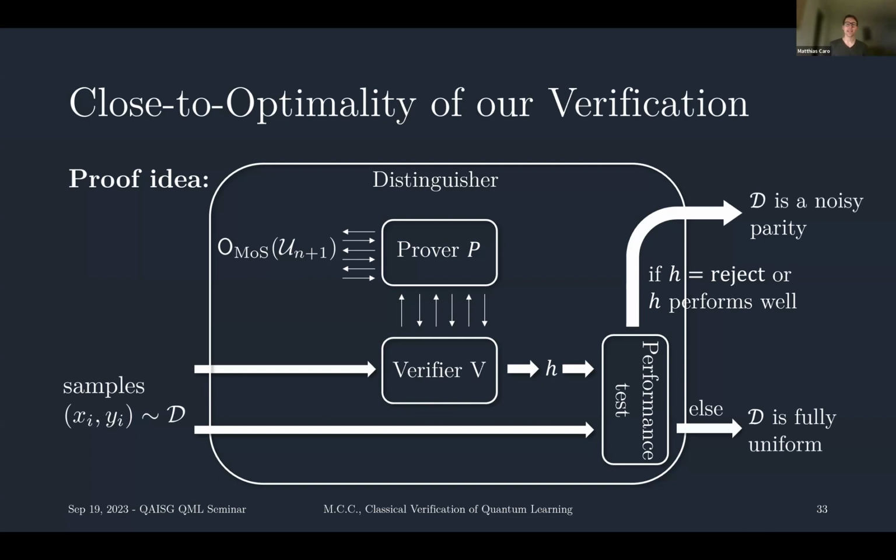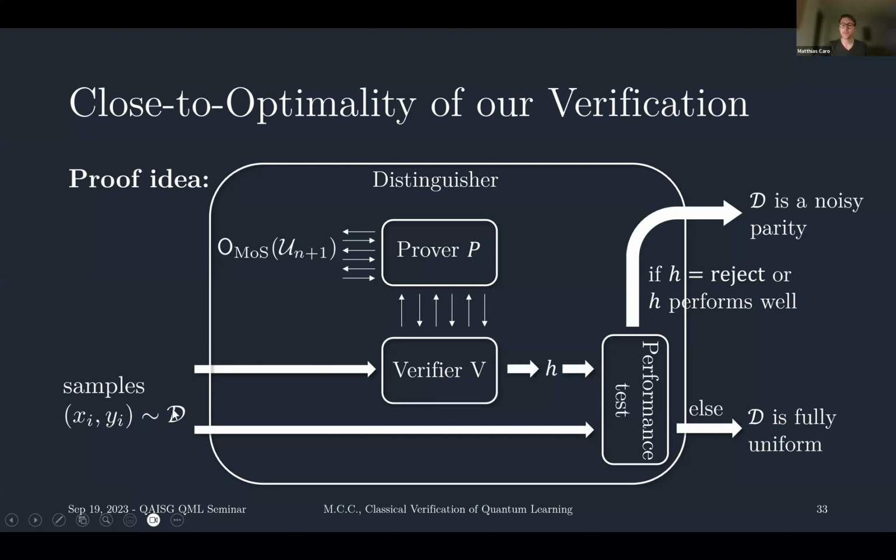And the idea here is that the verifier gets access to D. Now, if D is the same as the fully uniform distribution, then basically by completeness, the hypothesis output by the verifier is going to perform as best as it can, but with respect to a fully uniform distribution. And you cannot perform well with respect to complete uniform randomness. So you're going to perform badly and end here.